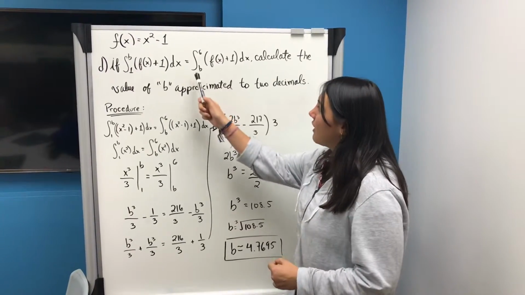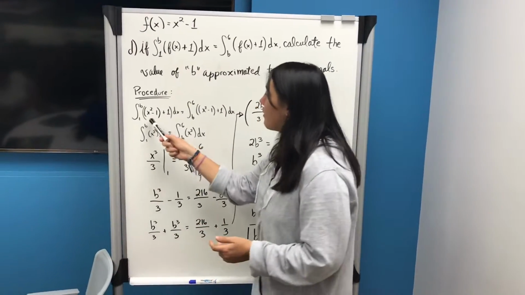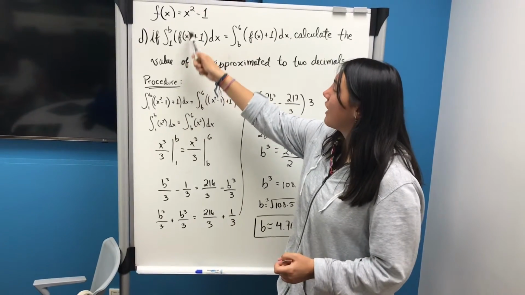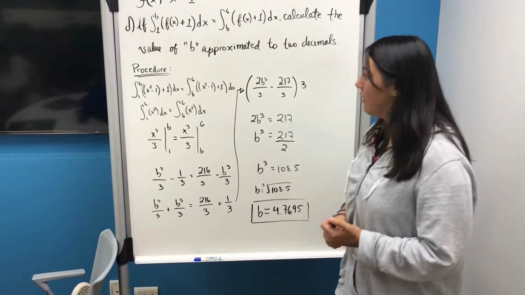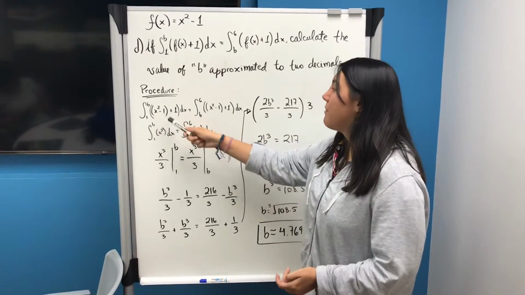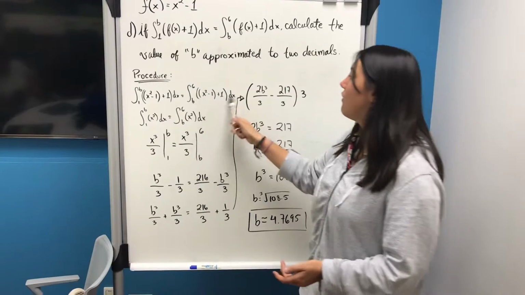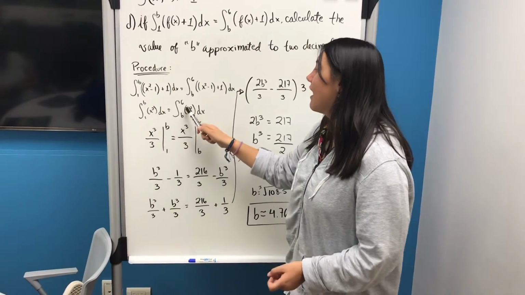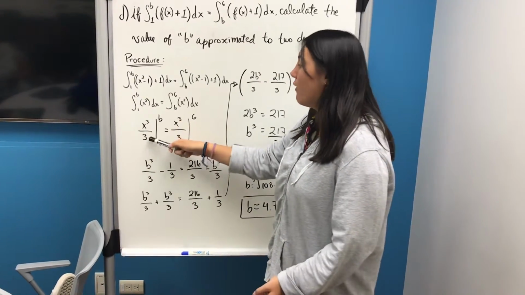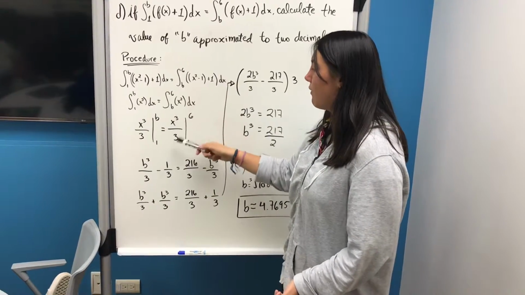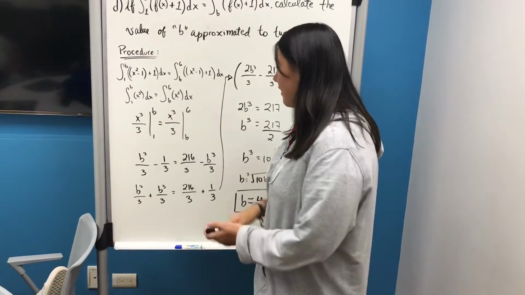So what we're doing here is equalizing the integrals. We write f of x here, and this is how the integral goes. x squared minus 1 plus 1 is equal to x squared minus 1 plus 1. Then we simplify and we get the integral of x squared dx. We integrate them and we get x cubed over 3 equal to x cubed over 3, evaluated from 1 to b and b to 6.